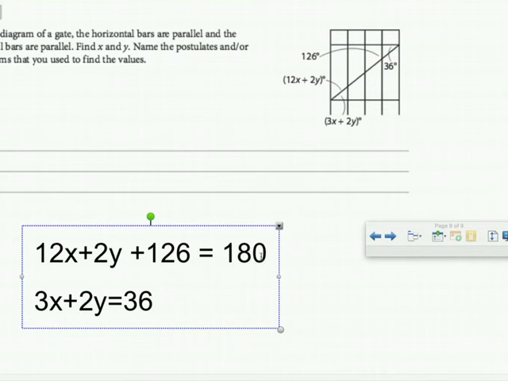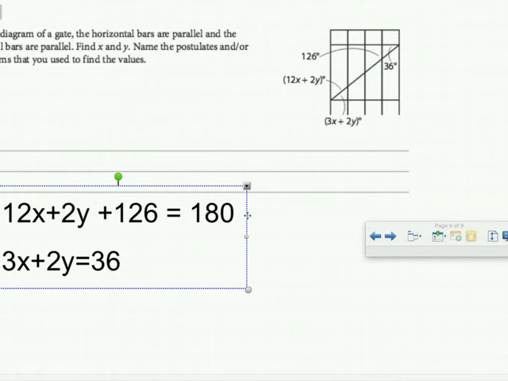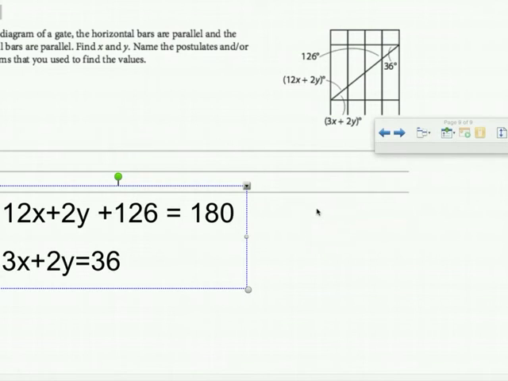Now I'm going to take this first equation that I wrote and clean it up just a little bit by combining my like terms. And what I mean by that is I'm going to subtract the 126 from both sides so that it looks a little bit more like this equation: x and y stuff on one side and a loose number on the other.